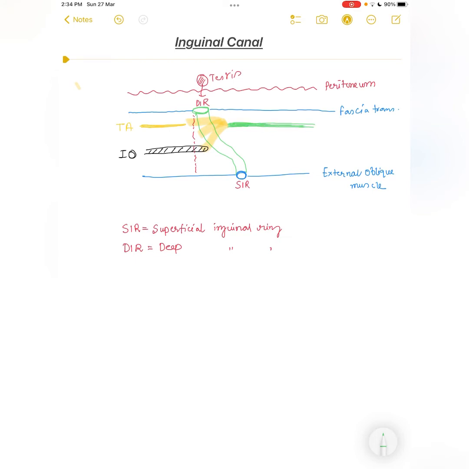As simple as that, conjoint tendon. And here there is a small reflected part of the inguinal ligament. So I think this is as simple as its boundary. So you can easily say, firstly, about the boundary.